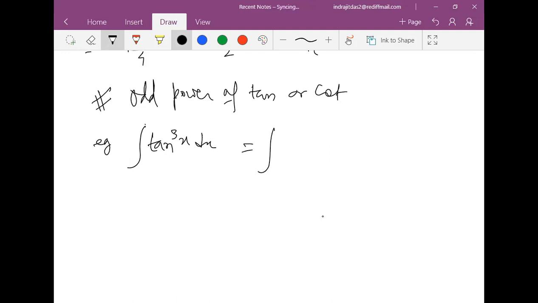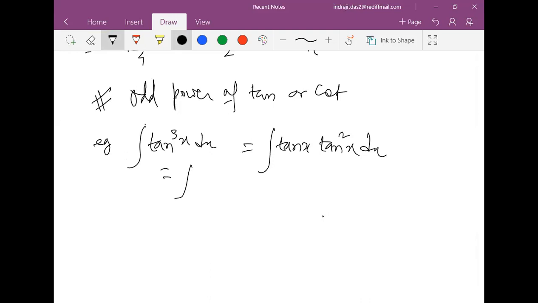Do one thing: take tan square x out separately, and tan x is different. That is tan x into tan square x. Always separate tan square x whenever the power is odd. Similarly for cot cube x, take cot square x.